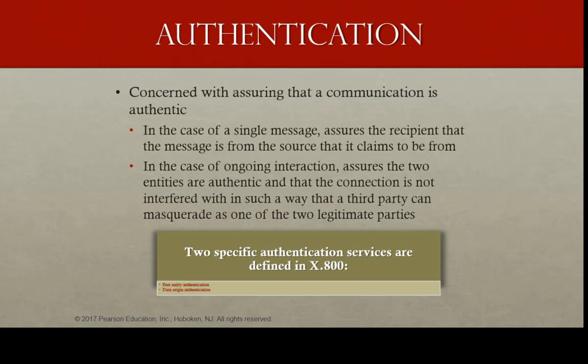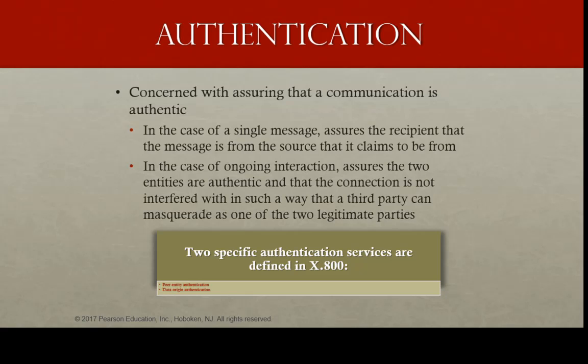Authentication. The authentication service is concerned with assuring that a communication is authentic. In the case of a single message, such as a warning or alarm signal, the function of the authentication service is to assure the recipient that the message is from the source that it claims to be from. In the case of an ongoing interaction, such as the connection of a terminal to a host, 2 aspects are involved.